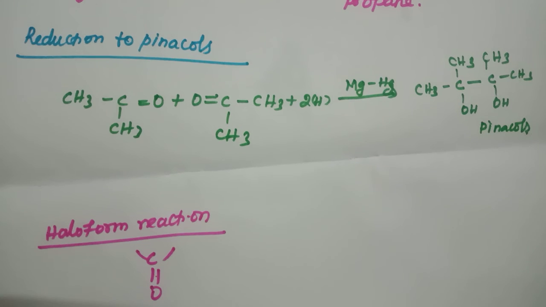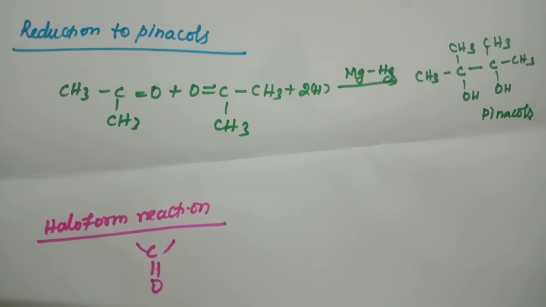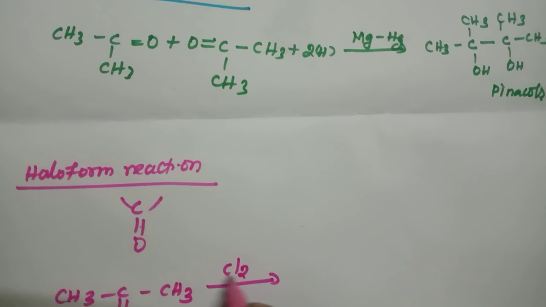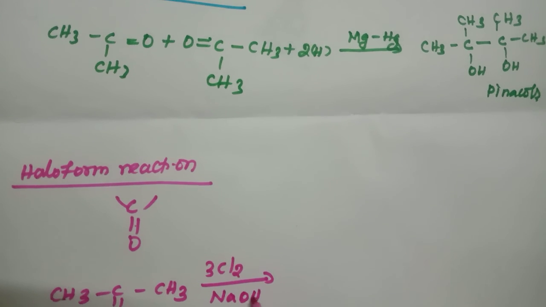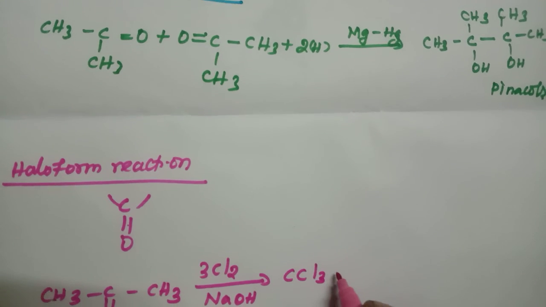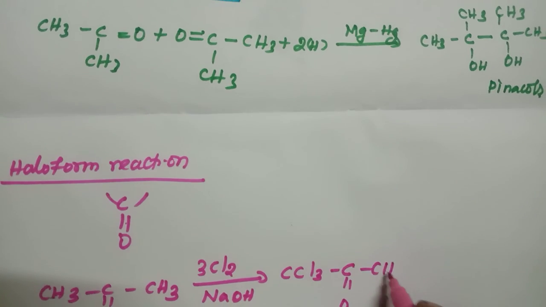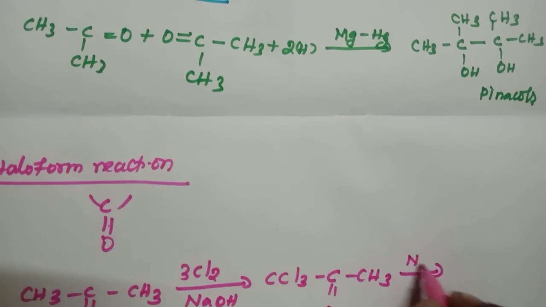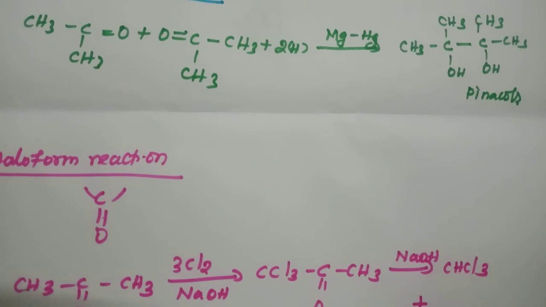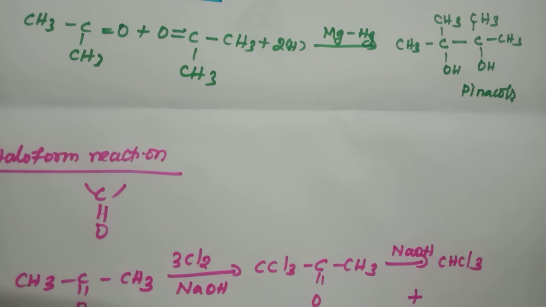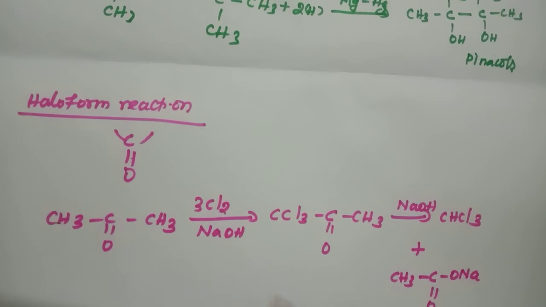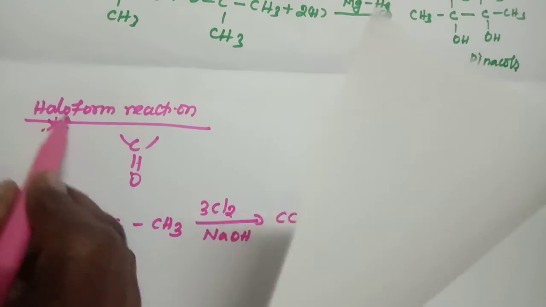For example, when acetone is heated with chlorine and alkali, that is sodium hydroxide, it gives CHCl3 plus CH3 COONa. This reaction is called the haloform reaction, and this is a very important reaction.